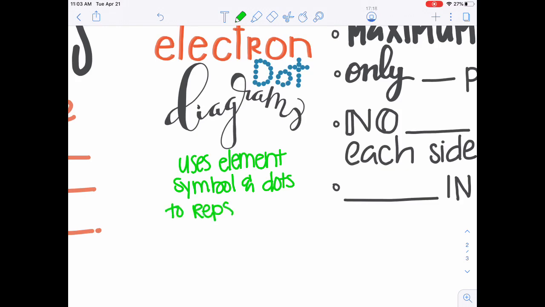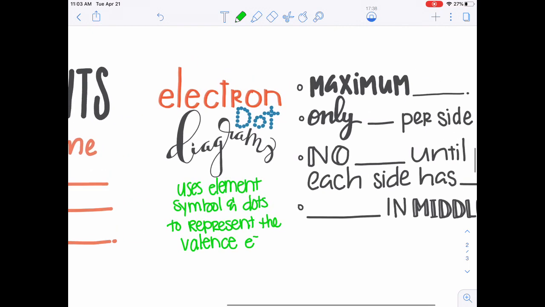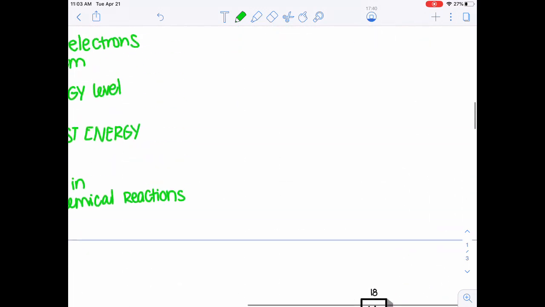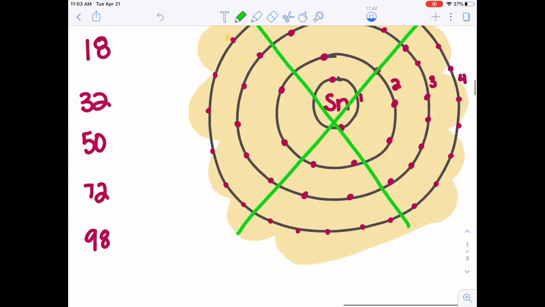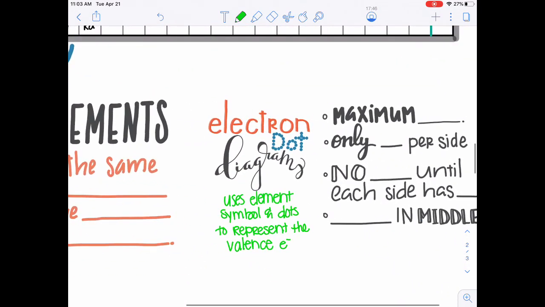But we are not doing all of the electrons. We are only doing the valence electrons. The electron dot diagrams are based on this big crazy picture that I have drawn up here. We eliminate a lot of the mess.